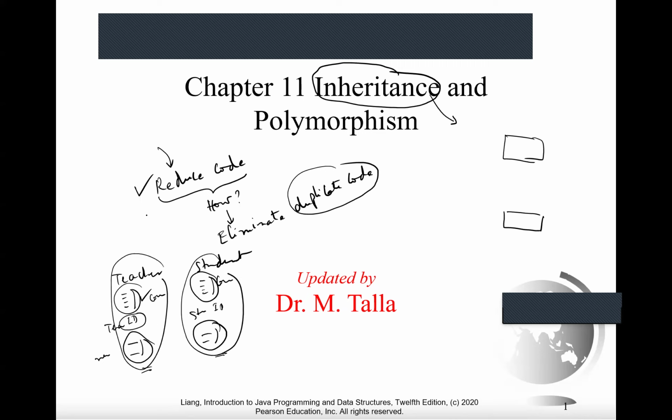Create a new class called person and put these there. You understand me? Yeah. So you eliminated the duplicate of the teacher and the student. It is elegant, and not only elegant, but your code is eliminating the duplicate code. The overall code is reducing, and that is called code reuse.